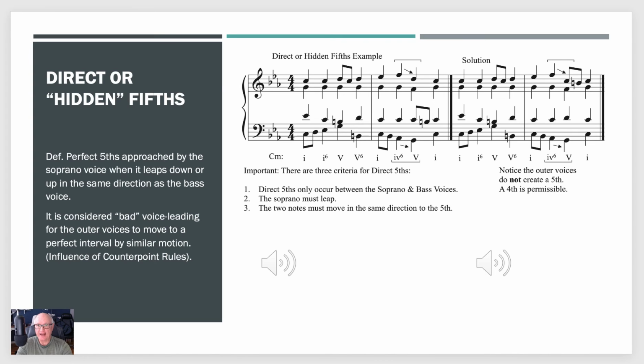Now, the way to solve that, if I had that situation and I wanted to get from that A flat, and I had this note up here on this high F, I could just reverse the two. I could exchange the tenor with the soprano and I would get this. And everything works out fine. So listen to the sound of both of them. Here's the sound of the first one.